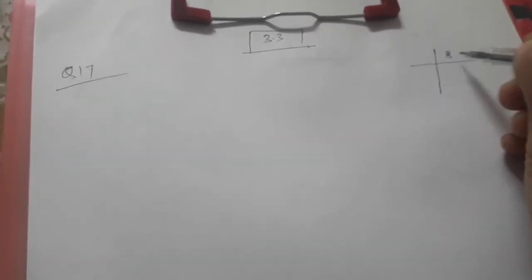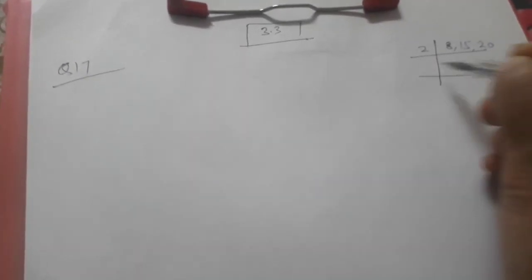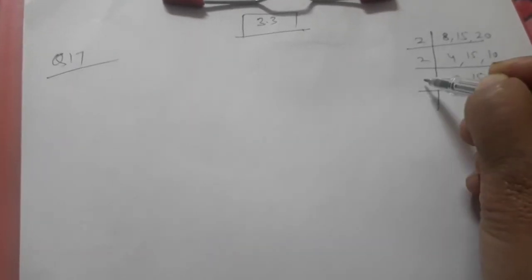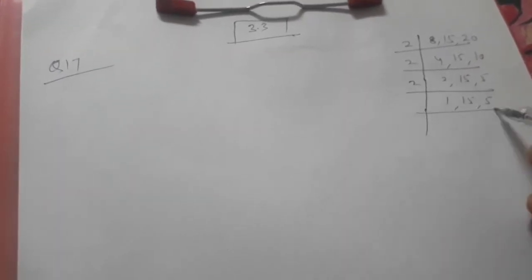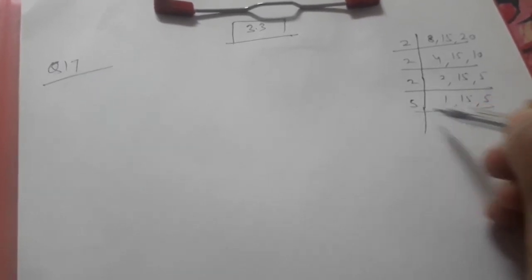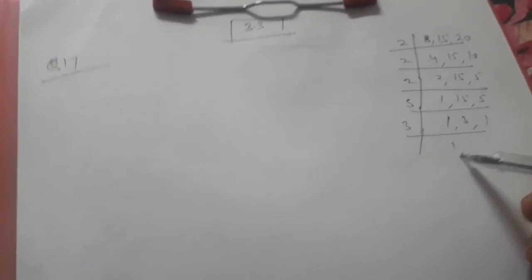So in question number 17, the question is: find the smallest square number that is divisible by each of the numbers 8, 15 and 20. So what we have to do is take the LCM of 8, 15 and 20 all together. So we are finding the LCM. It will go by 5, then 3, and so on.